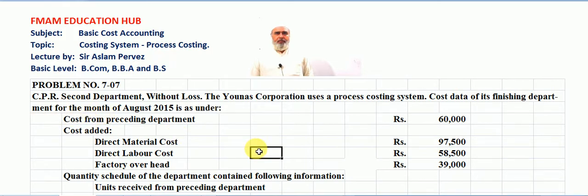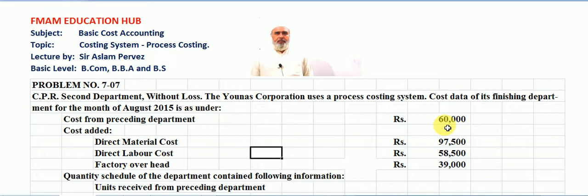Dear students, cost from preceding department is 60,000 rupees. Students, this is that cost which is incurred in the preceding department to manufacture the units.